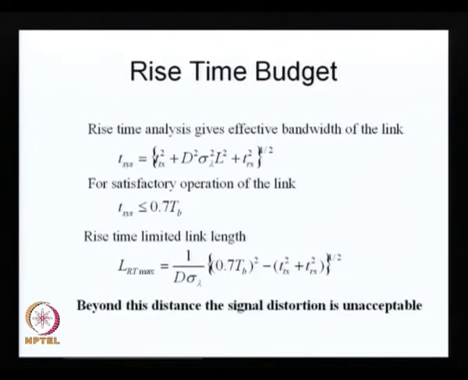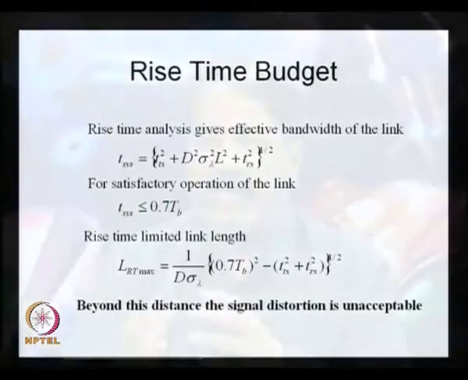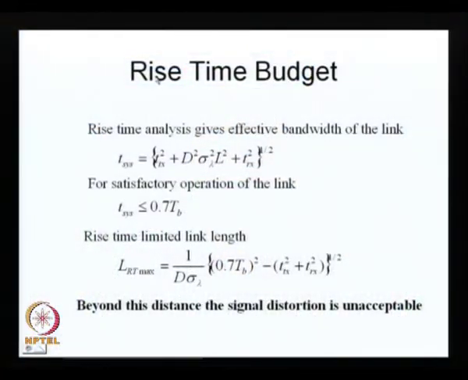The second calculation, which tells you what kind of data rate can be sent, is what is called the rise time budget. As we know, the system bandwidth and the rise time of the system are inversely related.